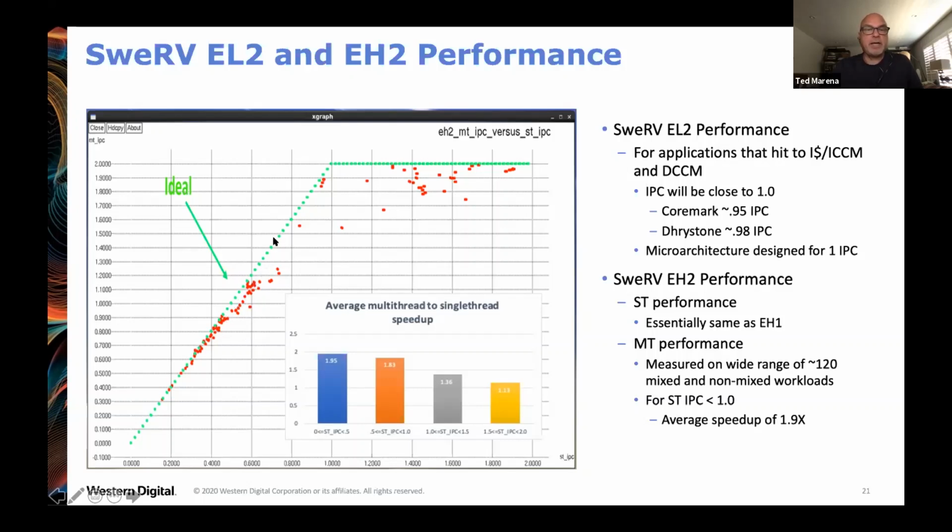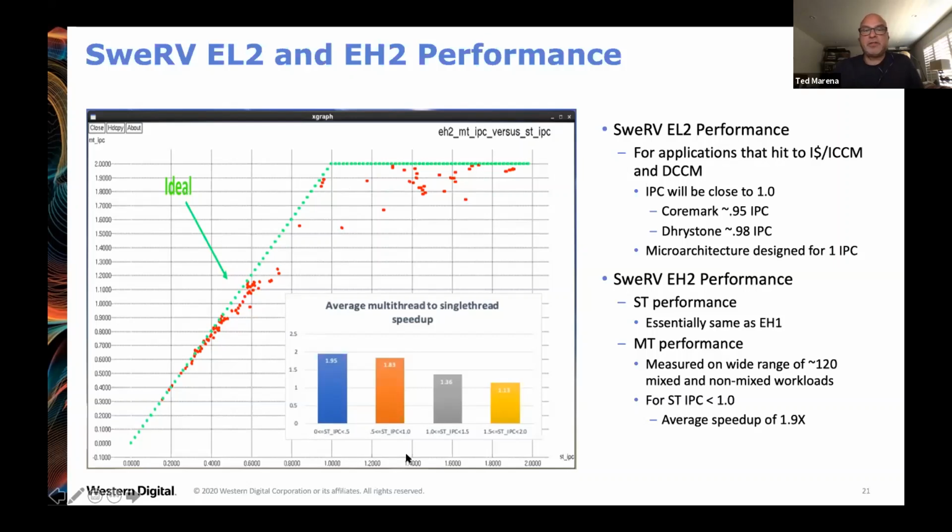This green dotted line is the ideal, like if the core was perfect, if you engineered it 100%, and obviously that would take more silicon and power. But this is a really great implementation. Even as you go above 1 instruction, it starts to get harder because the limit is 2.